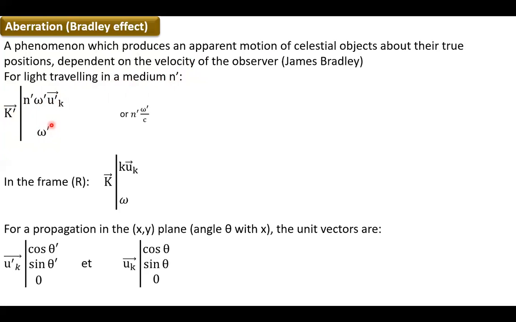And the k0 or the time coordinate is omega prime, or you can remove the i, the complex notation, but you know in your heads that there is an i here as a complex notation. So in the frame R, the rest frame, for an observer in the frame R, K would be some K times the unit vector in R and omega in R.